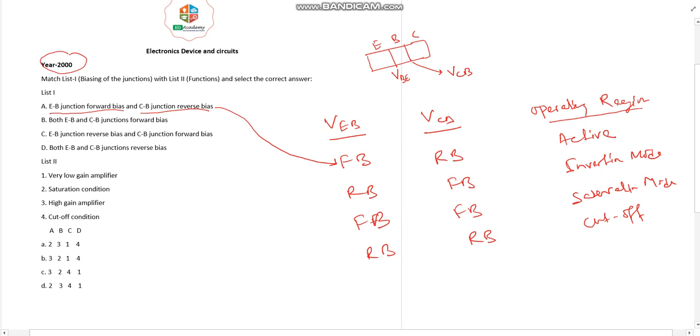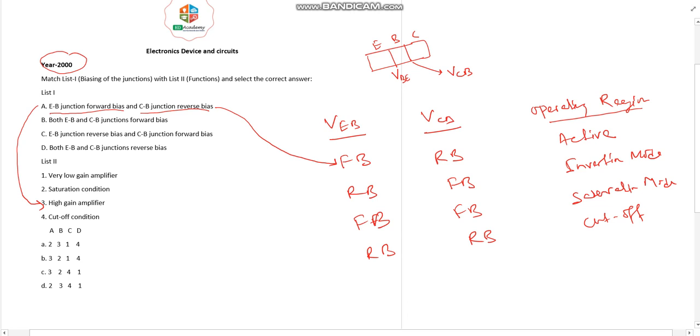So the transistor is in the active region. In the active region it acts as a current gain amplifier, an active amplifier. The options give high gain amplifier, so A is matched with 3, high gain amplifier.